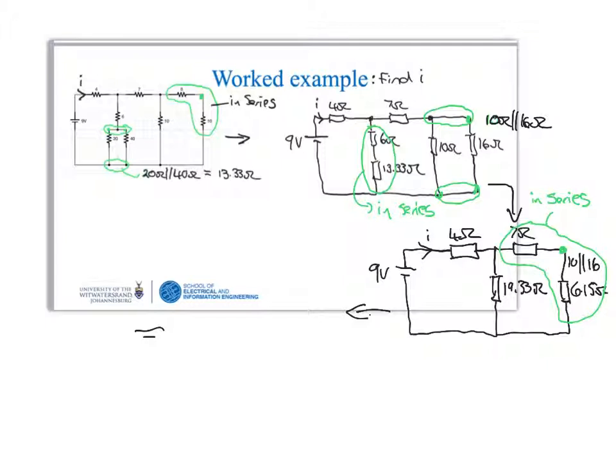We've got the 9-volt battery. We've got the current I flowing, the 4-ohm resistor, the 19.33 ohm resistor, and that is the 7 ohm plus the 6.15 ohm, so that's 13.15 ohms.